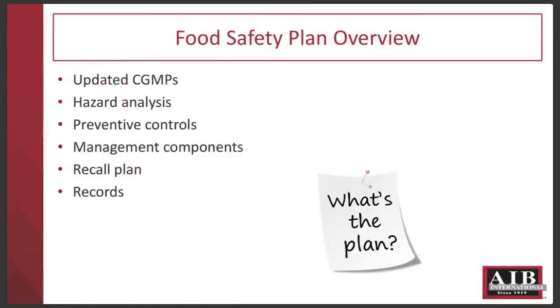Now, in overview, like I mentioned, you need to have your updated GMPs. And if you haven't, you want to take a good look at these new changes within the program, which is basically, like I mentioned, they added in the new term, allergen cross-contact. The significance of this is it is mentioned over 24 times within the new GMP requirements.